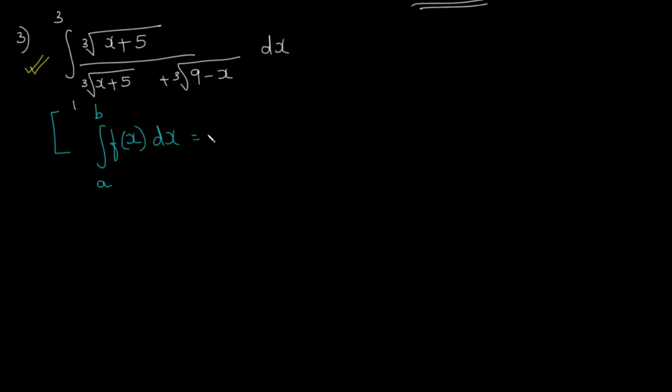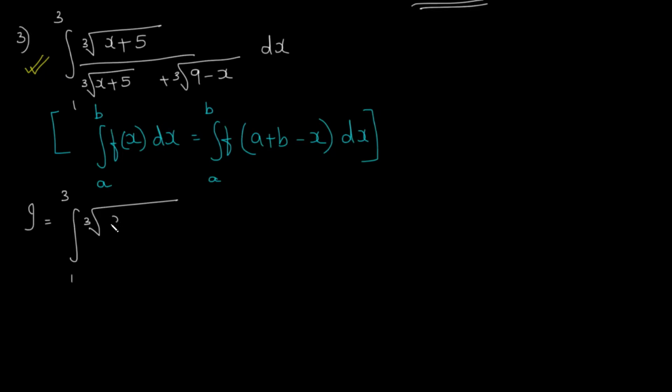If the integral is of this type, then we can write this as the integral a to b f of a plus b minus x dx. Okay, so this is property five. Now this particular property we are going to use over here, and therefore we are going to write this way, that is our integral. Let I be this particular integral, that is 1 to 3, the question given to us.